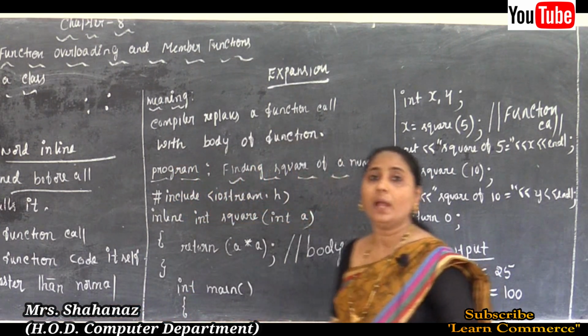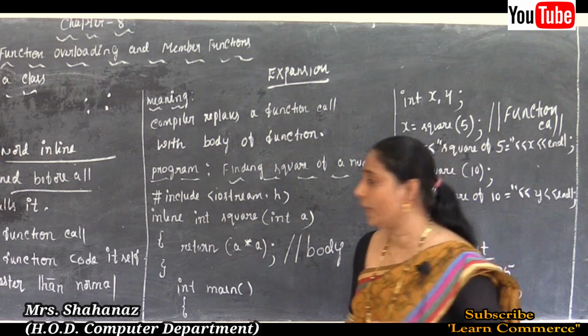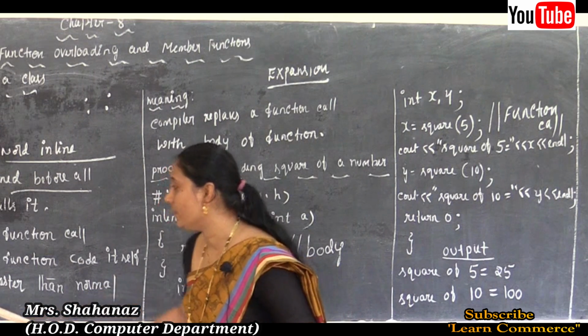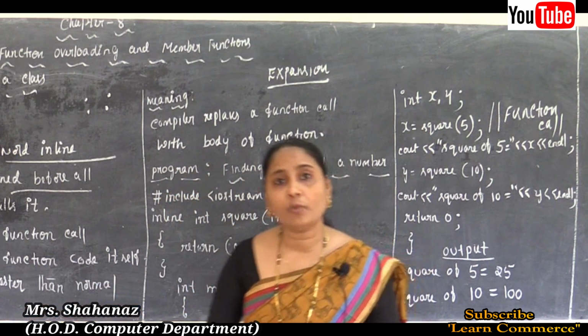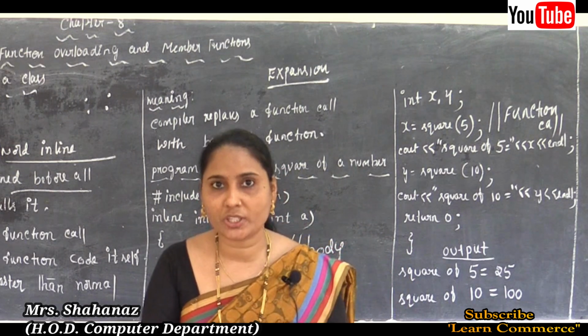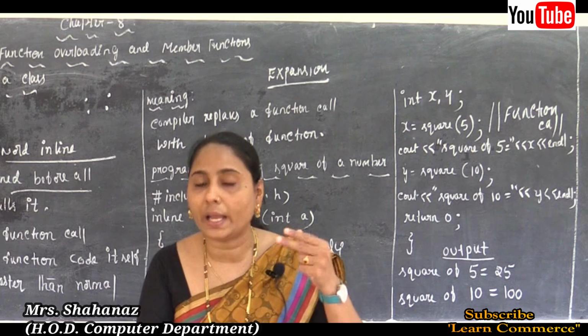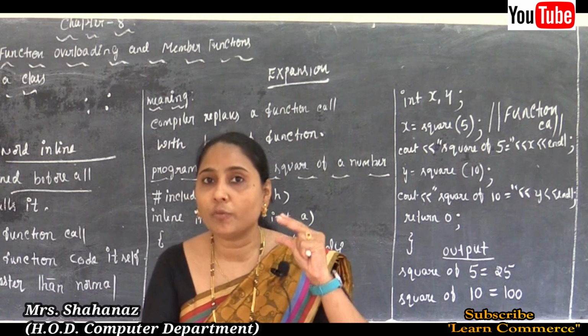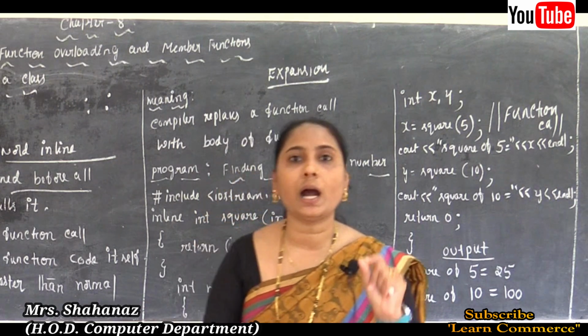Later, the next one: when you compare with other programs, the inline function program runs faster. That means it runs a little bit faster than the other normal functions. So when you compare to any other function, our inline function runs much faster. Why? Because the function calling overhead is saved.